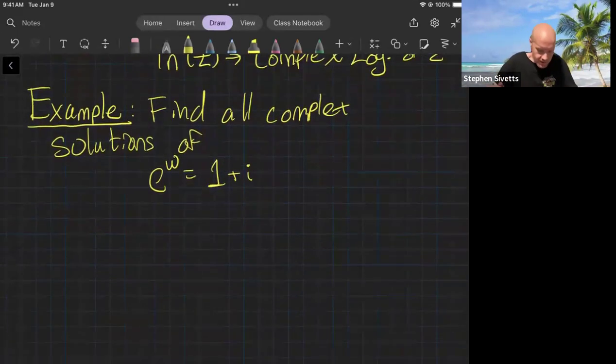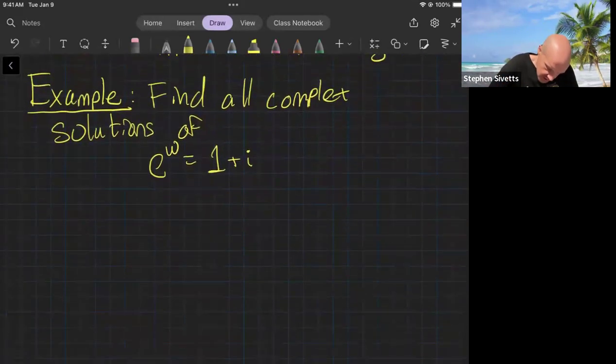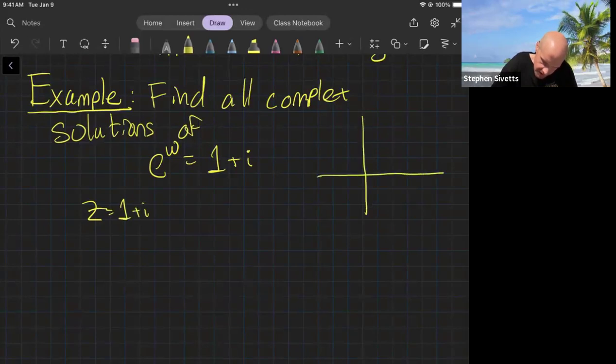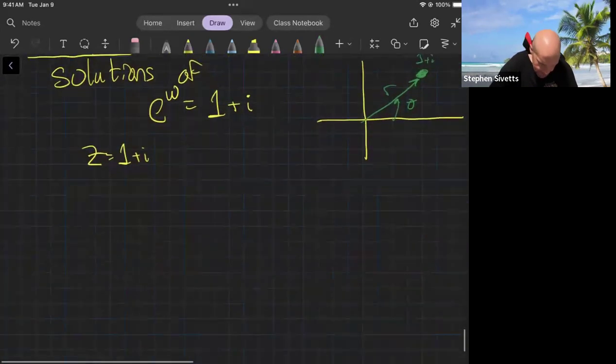Okay, so I assume you worked on this example. So z is 1 plus i, right? So 1 plus i is in the first quadrant, here.